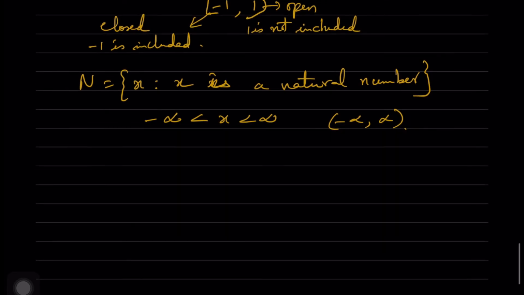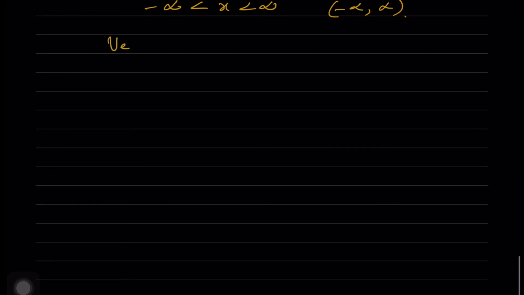Now next, what are Venn diagrams? We'll see. Venn diagrams. This Venn is named after a mathematician, John Venn. He is the person who invented these.